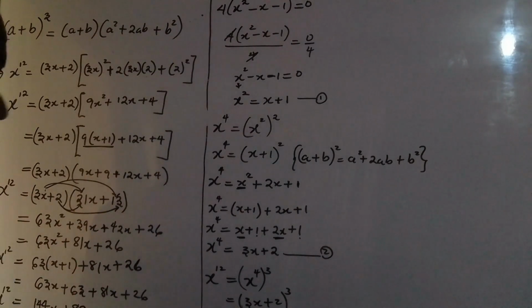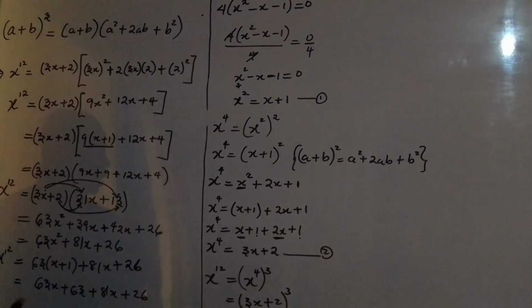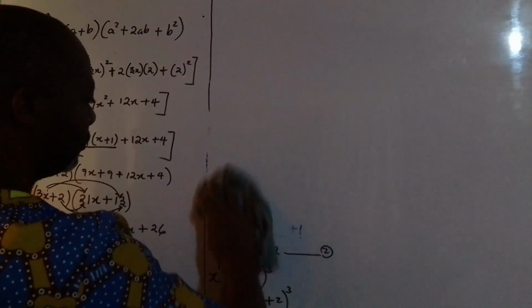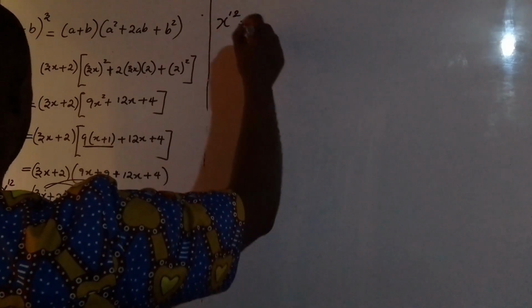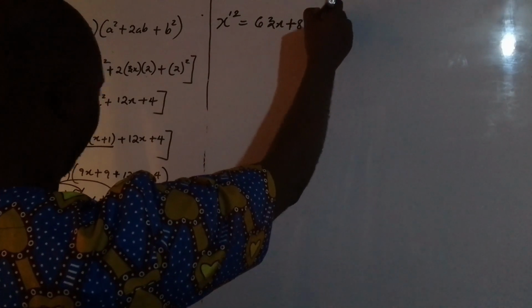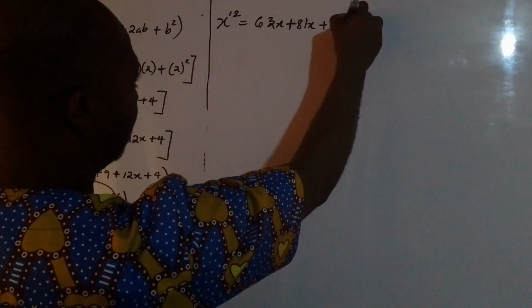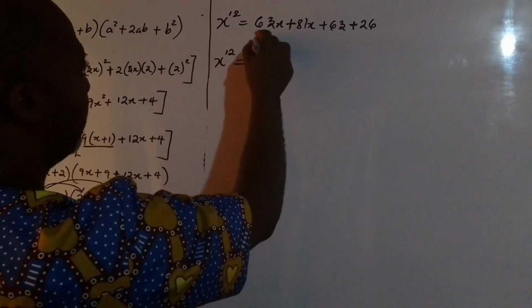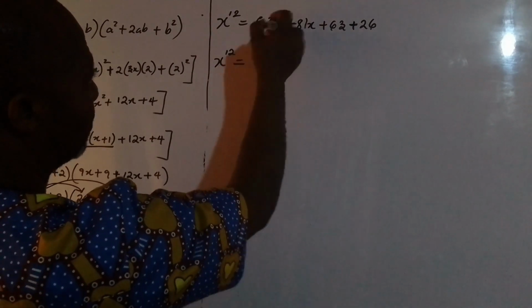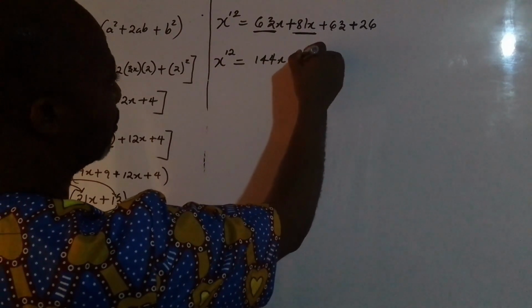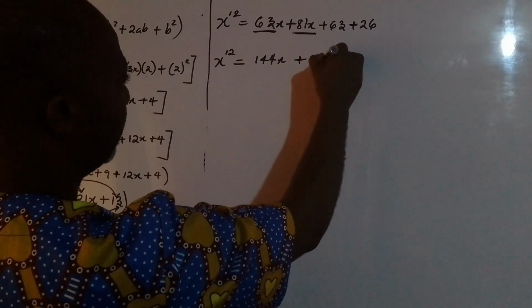So, what I'm going to do now is, we have x to the power of 12 equal to 63x + 81x + 63 + 26. So x to the power of 12 will give me 144x, that's when you add 63x + 81x, plus 63 + 26, which gives us 89.